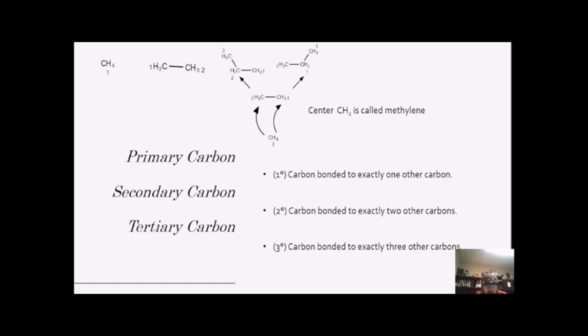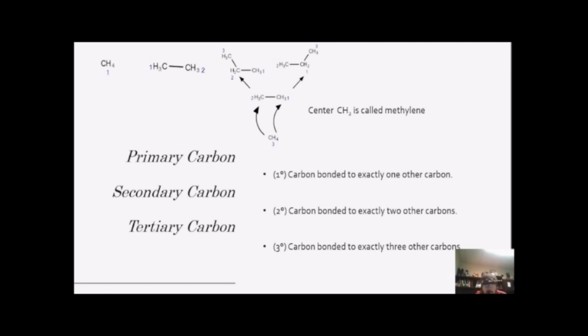You could add carbon 3 onto carbon 1, or you could add carbon 3 onto carbon 2. While they look the same, it's technically a little different. If carbon 2 had an isotope on it, we would have a completely different molecule. So we're making a different carbon the center carbon, depending on how we do that.